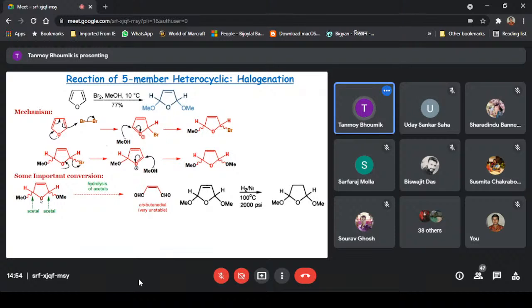So whenever this acetal compound is reacted with hydrogen and Raney nickel, then what happens? Then the unsaturated double bond or pi bond present in this molecule will be reduced to a single bond. There is also another procedure where THF, tetrahydrofuran, is given, and there is also dimethyl dioxazine, and then the dioxazine is reacted with this, and then what happens?